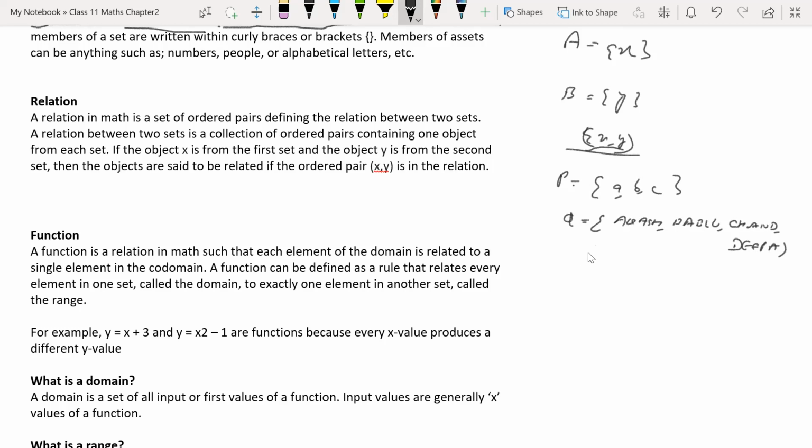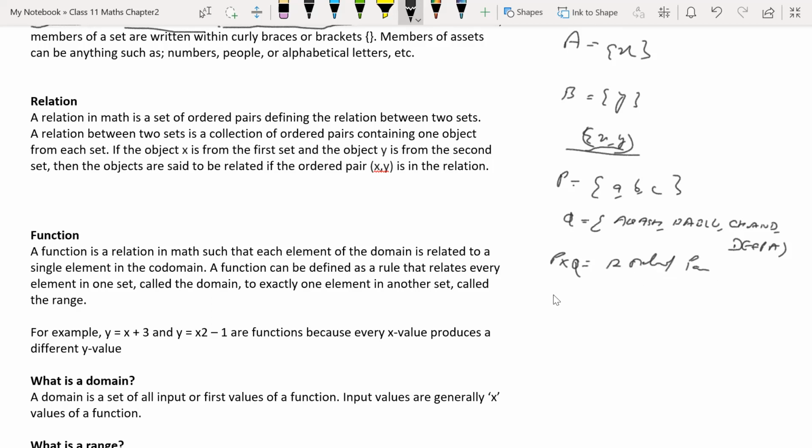Then, you have studied the Cartesian product in the previous class. P cross Q: how many ordered pairs are there? 3 and 4, there are 12 ordered pairs.